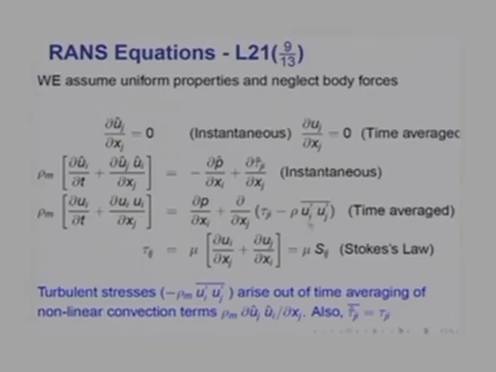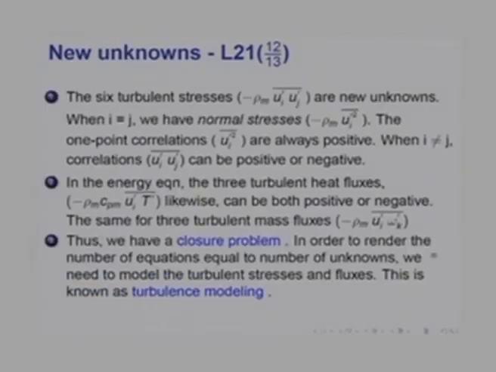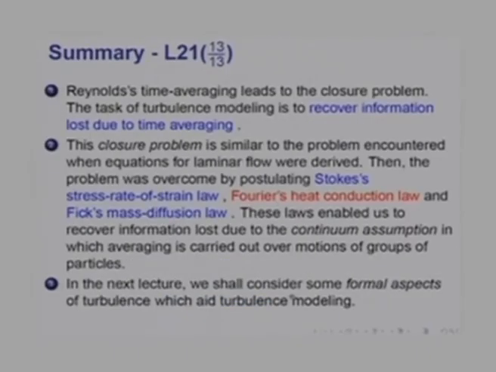So, in other words, unless we model these, we cannot make any progress with the solution of these Reynolds averaged Navier-Stokes equations, which are often called the RANS equations. So, in order to render the number of equations equal to the number of unknowns, we need to model the turbulent stresses and fluxes. This is known as turbulence modeling, and we will take that up.